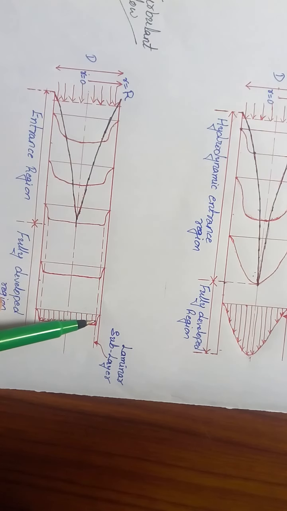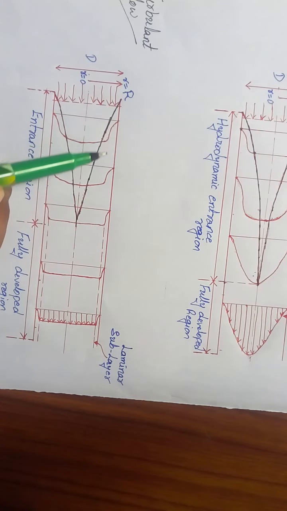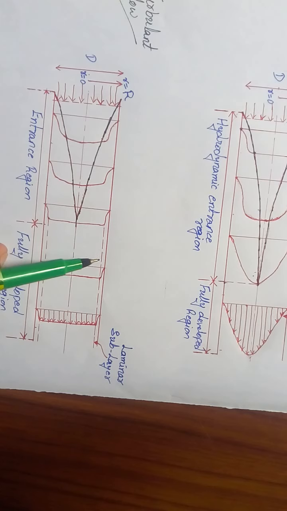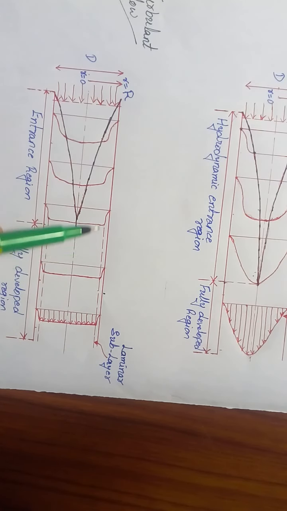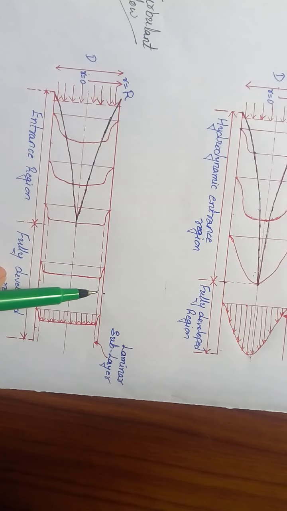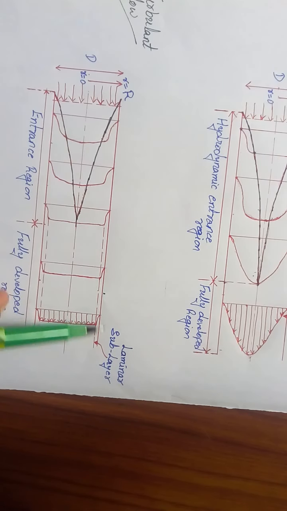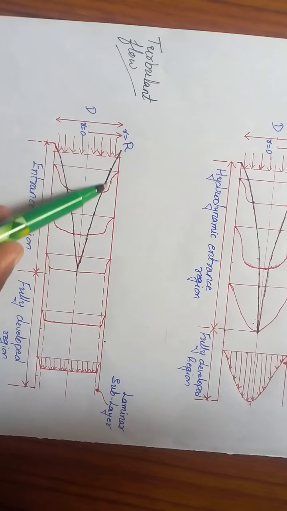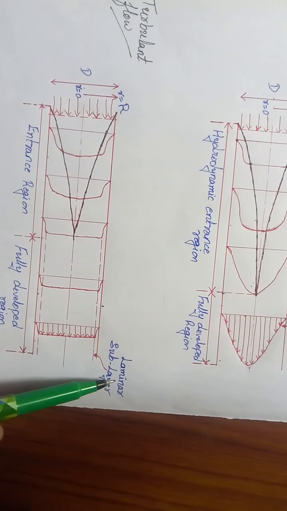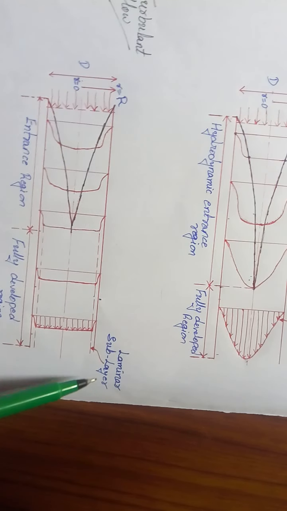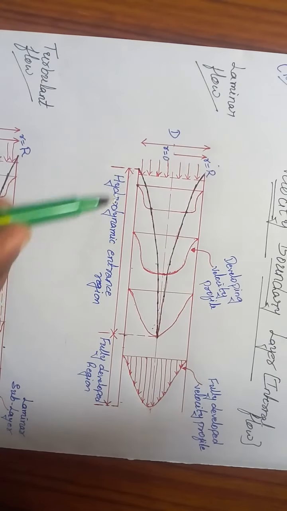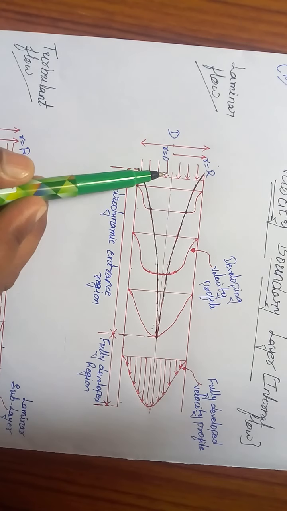Since slip is very much less, you can imagine a particular layer of fluid, a few layers of fluid over here from the surface up to this line, between which the flow will be almost laminar. Even if the entire flow is turbulent, at least at the surface you will get a laminar flow, that is called the laminar sub layer.